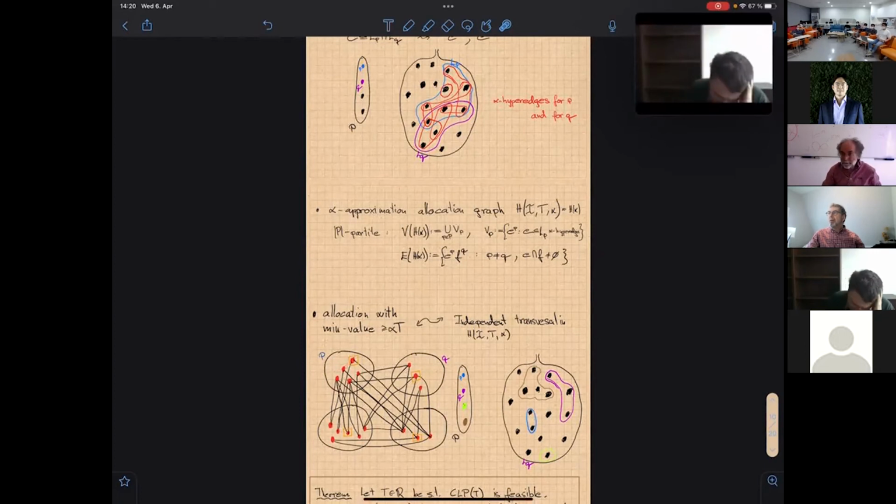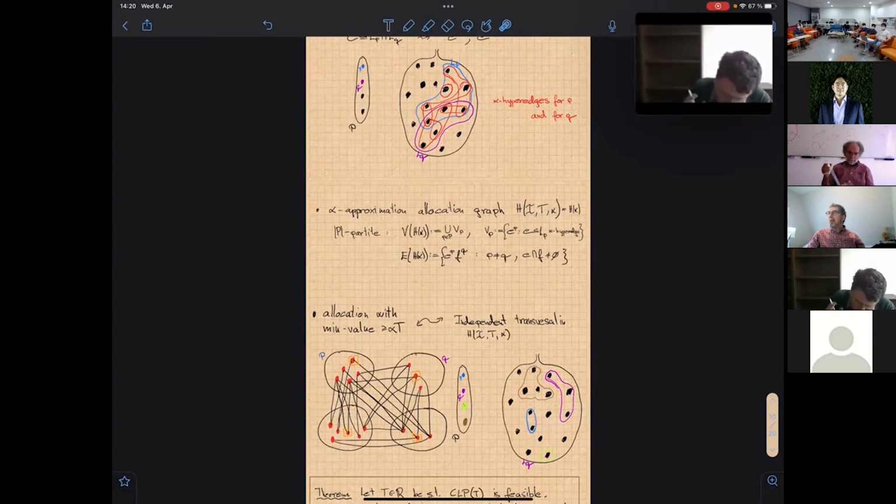And then if I find an independent transversal, so here you can see this independent transversal. This is a set of vertices, one in each class, such that they don't have any edge. So that means they correspond to 4 disjoint sets. Each is inside the light set of the respective player. So they form an allocation we want, and their value, the mean value, is enough. It's alpha t star.